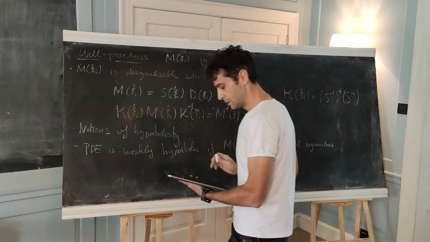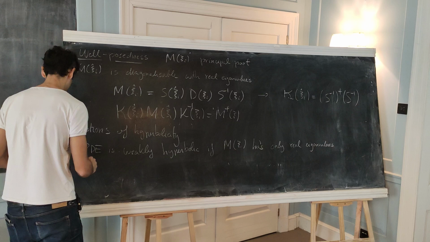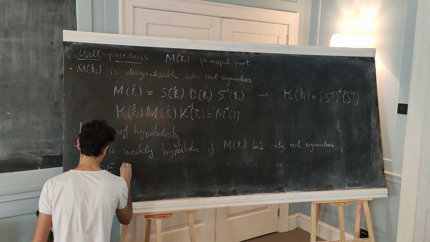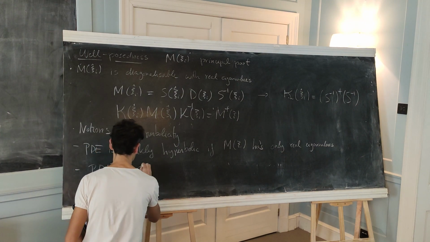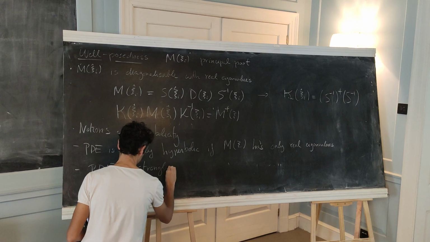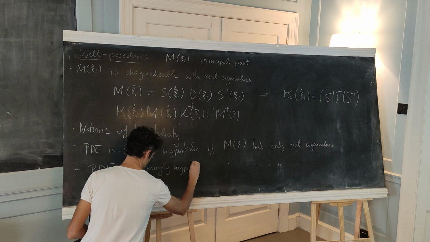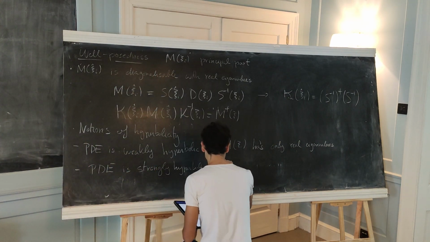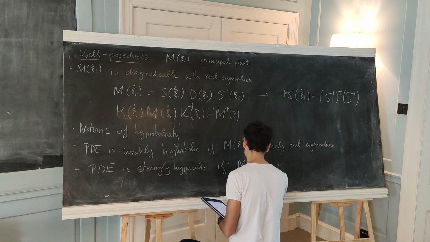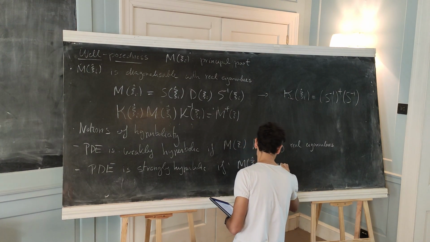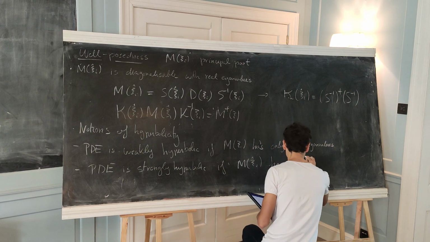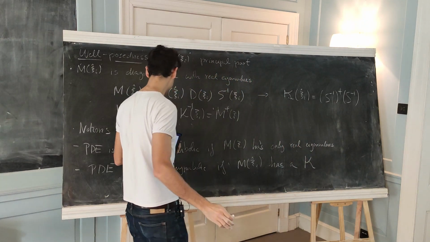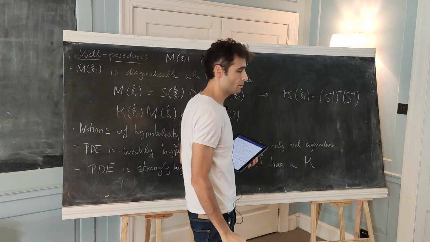And PD is strongly hyperbolic if M has a symmetrizer K that satisfies this property over here, and that is bounded.